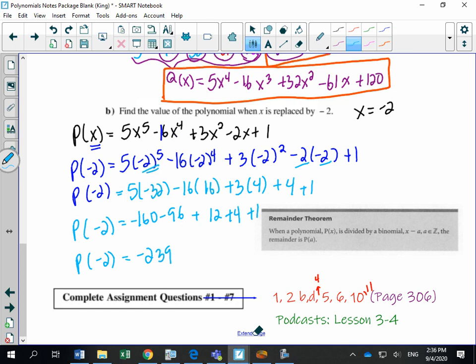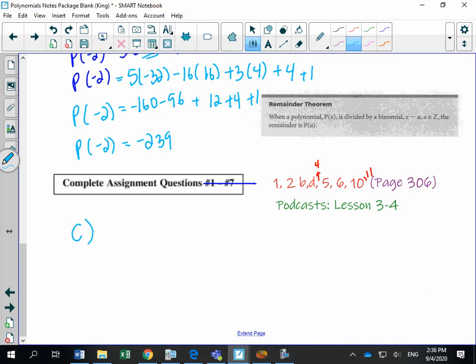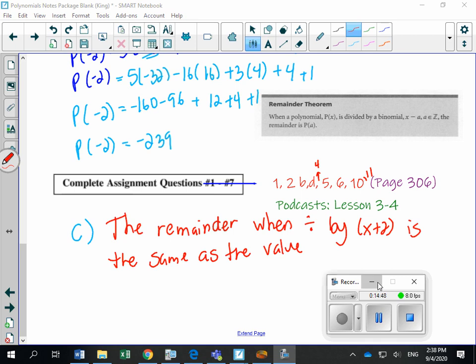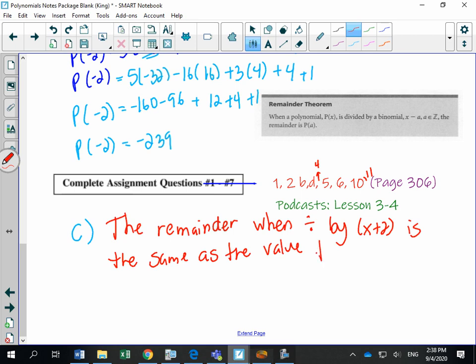Okay, so let's write that down for C. It says comment on your answers in A and B. So what I want you to write is: the remainder when dividing by x plus 2 is the same as the value of the polynomial when x is replaced by -2.